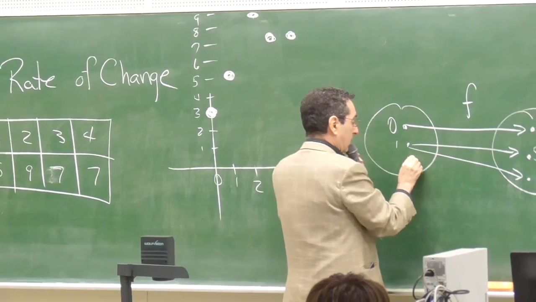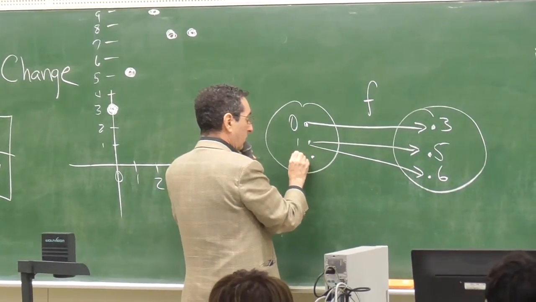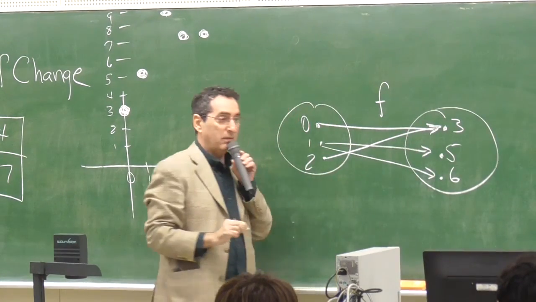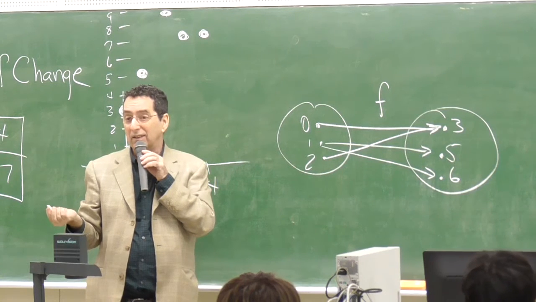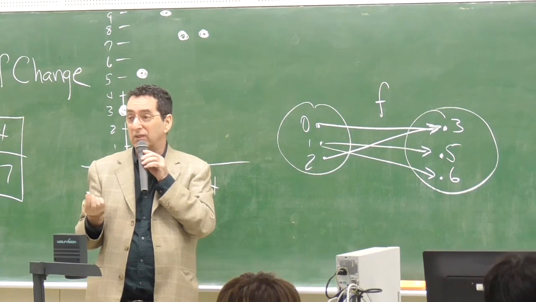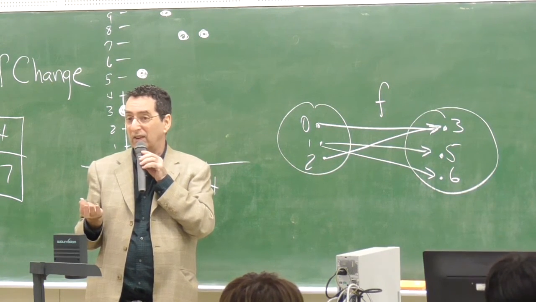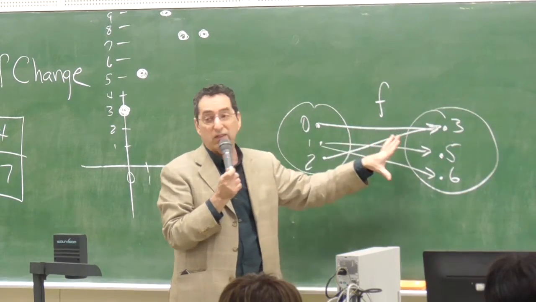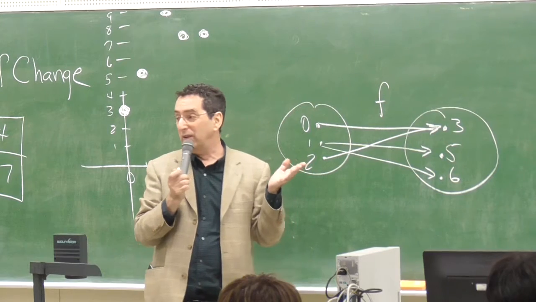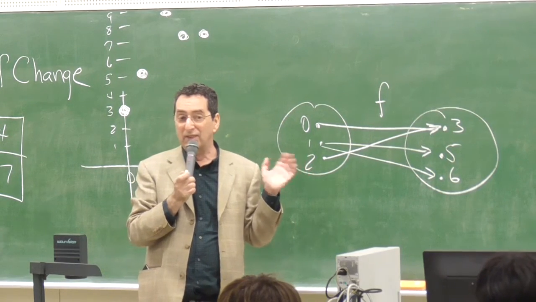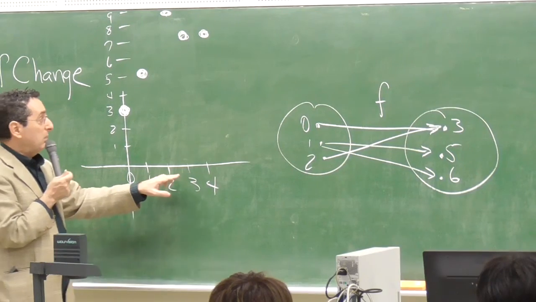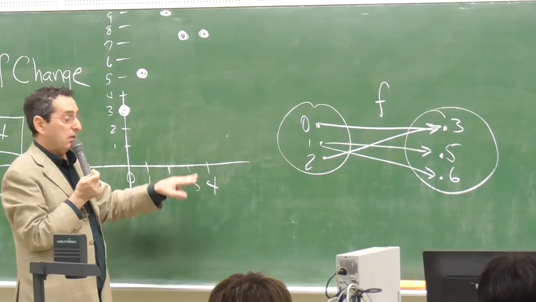If we had that, it's allowed. We don't rule that out. We can still call that a function. So you're allowed to have 2 things going to 1. You're not allowed to have 1 thing going to 2. It's just arbitrary. That's the definition. Maybe someone was thinking, well, 3 goes to 7 and 4 goes to 7.